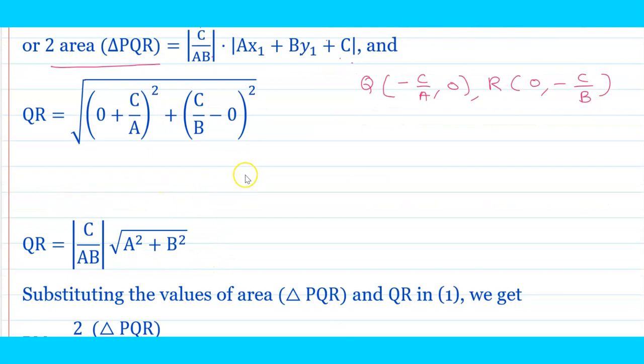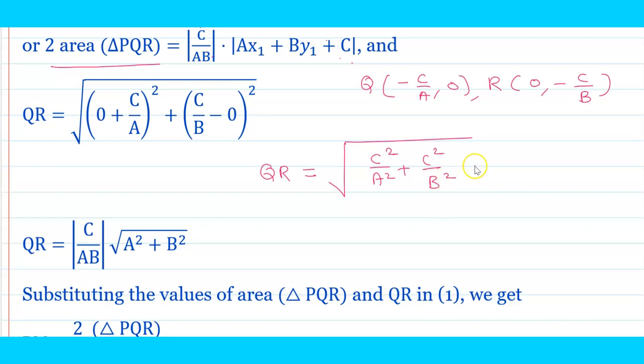Again here the QR is equals to, if we simplify it, in root of C square upon A square plus C square upon B square.